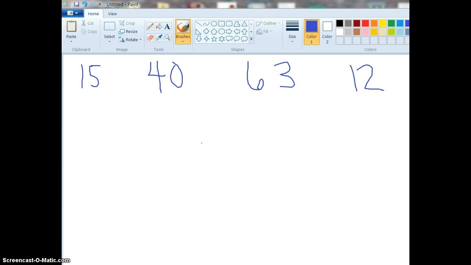And again, find the least common multiple. You could use other methods, but probably the most effective method is prime factorization.